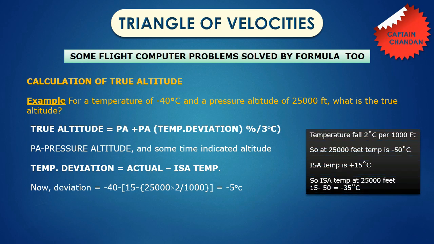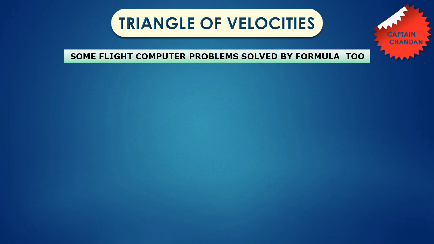The temperature falls 2 degrees Celsius per 1000 feet, so at 25,000 feet the fall will be 50. So ISA temperature at 25,000 feet will be 15 minus 50, that is minus 35 degrees Celsius. Putting in all the values, the temperature deviation will be minus 5 degrees Celsius. And putting all the values in the true altitude formula, you will get the answer. You can solve using a flight computer too.